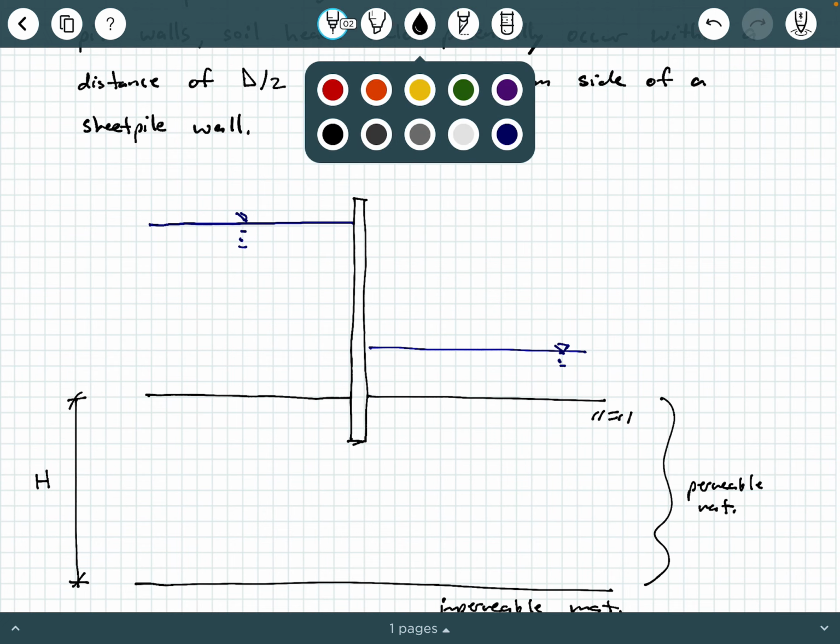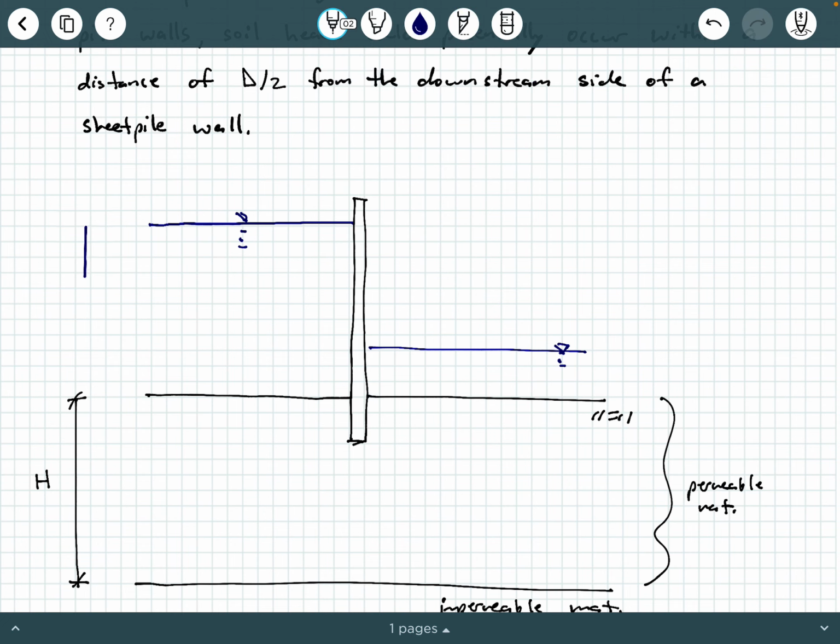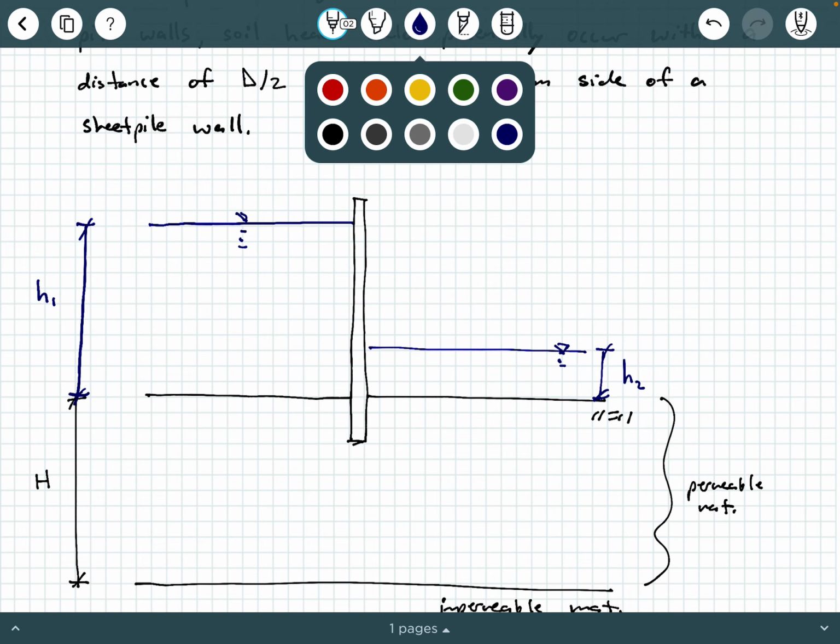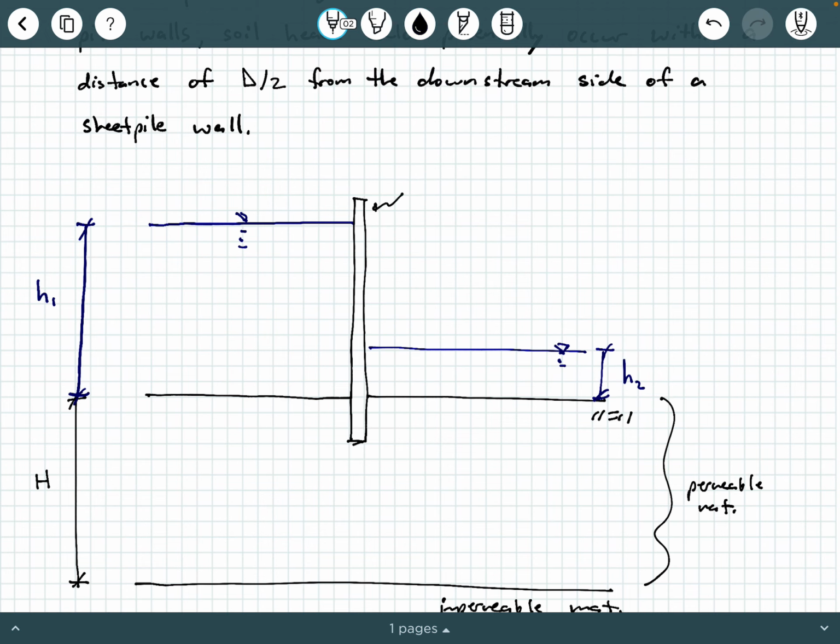Let's say this water height here we'll call little h1, and on the downstream side we can call this little h2. And of course, as we already mentioned, this is the sheet pile wall.